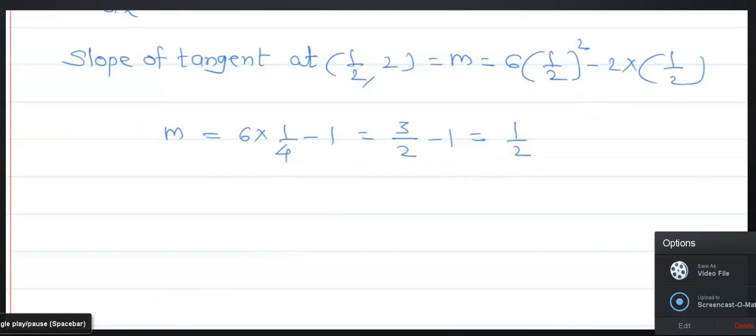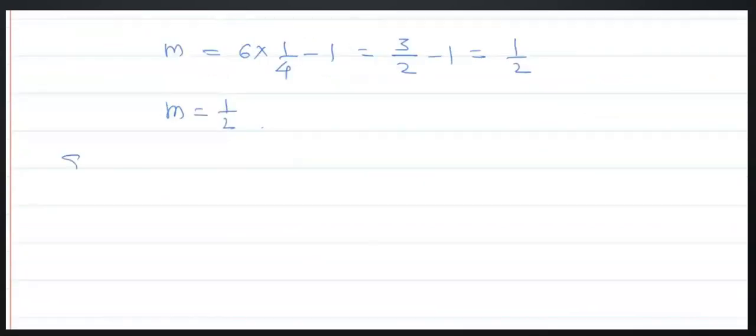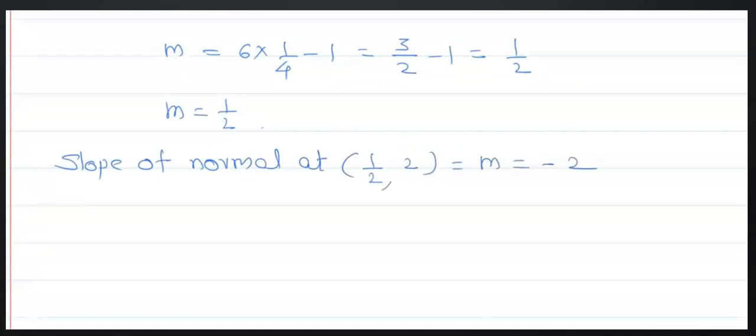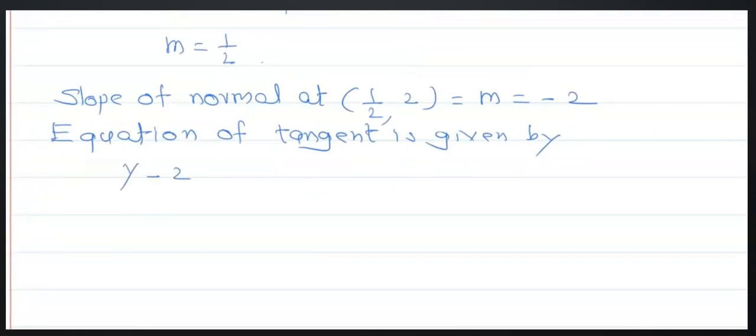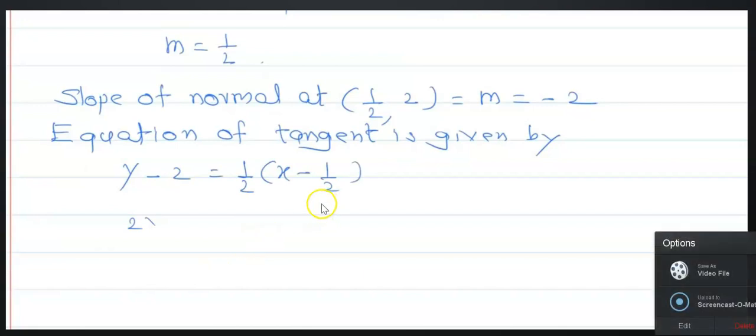This is the slope of the tangent. Now, the slope of the normal is the minus reciprocal of that. Its slope is minus 2. Now, the equation of the tangent is given by y minus y1, that is y minus 2 is equal to 1/2 in bracket x minus 1/2.